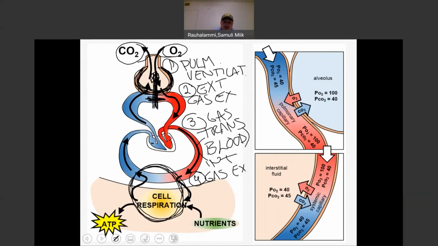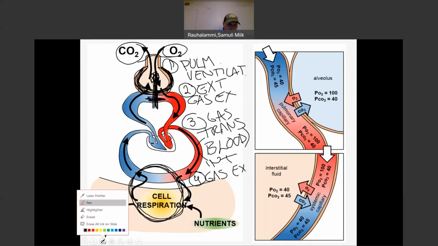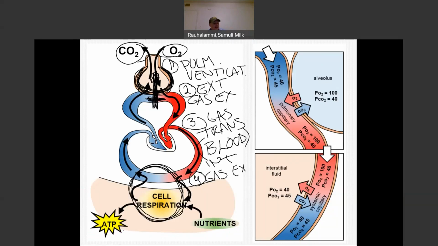The first half of this slide, the left side, when it comes to the phases of respiration. And next, I want to look at how the gases are exchanged, both at the level of the pulmonary circulation, but also at the level of systemic circulation. So the driving force is the partial pressure difference.